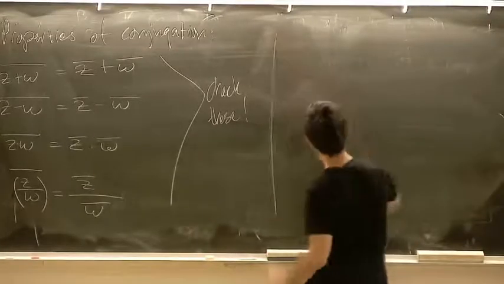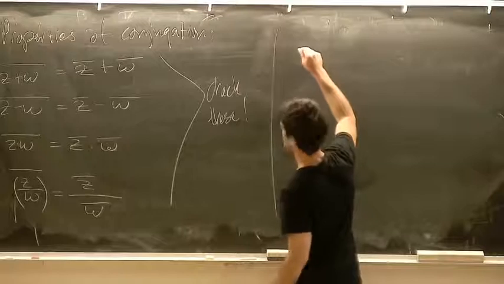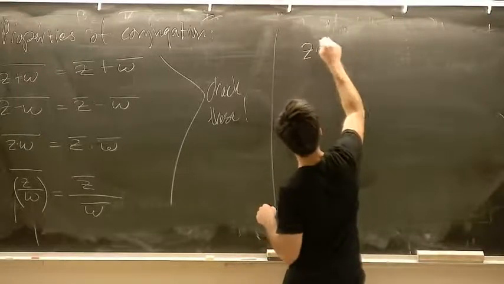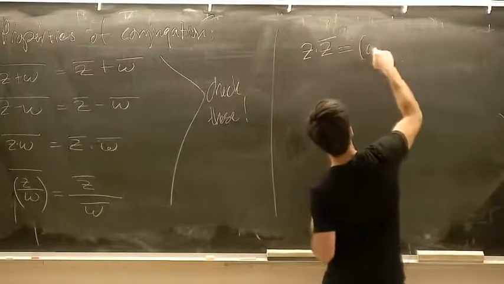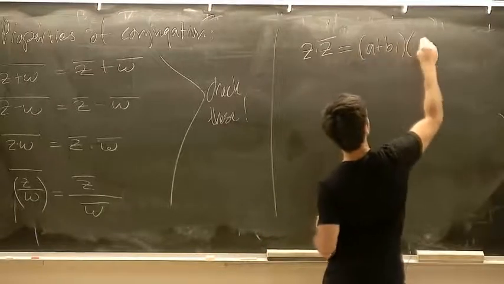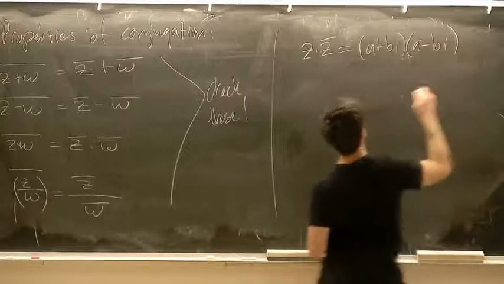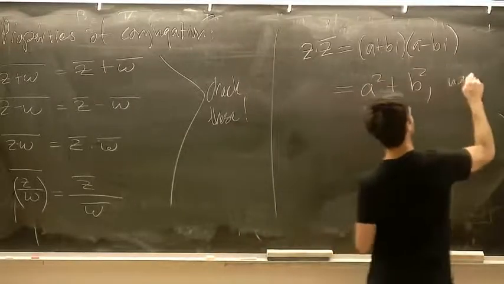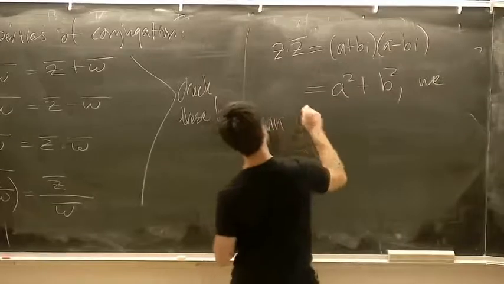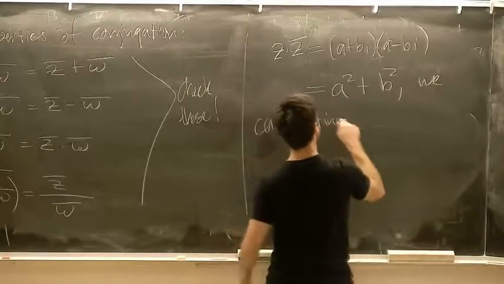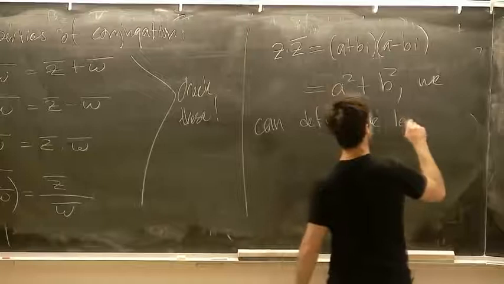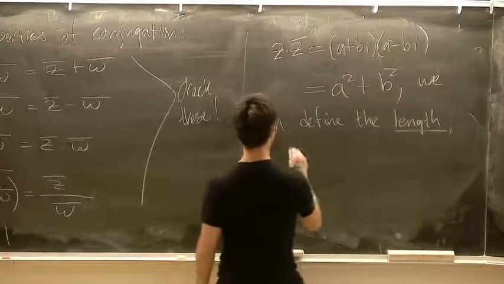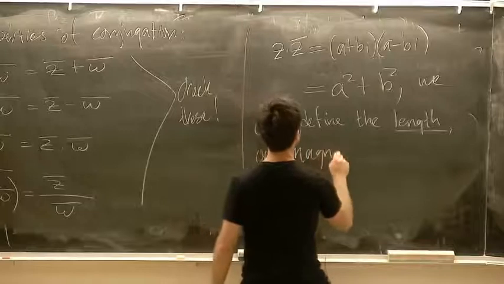And also, in fact, if we take a complex number and multiply it by its conjugate, so that's a plus bi times a minus bi, as you just saw, this gives us a squared plus b squared. We can define the length, or it's got a few different names.